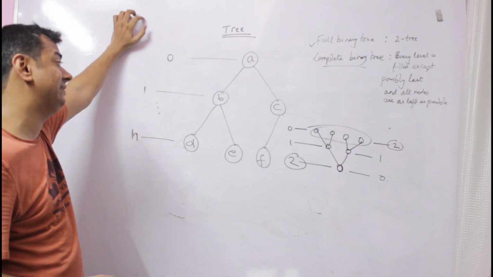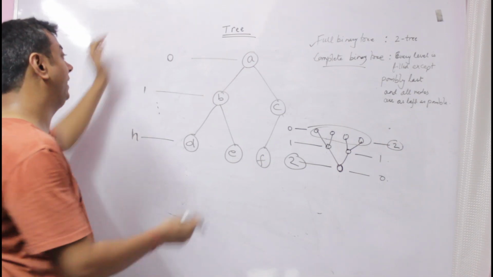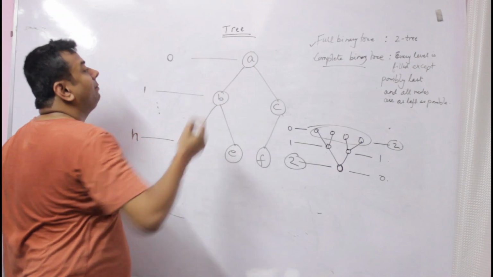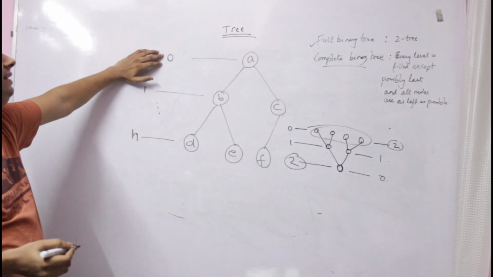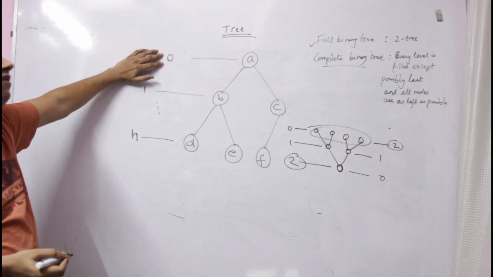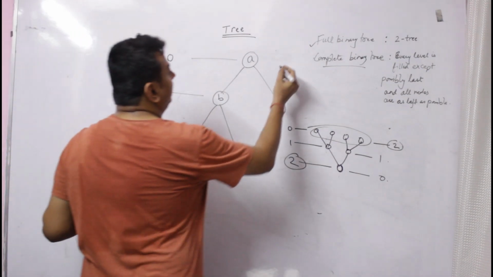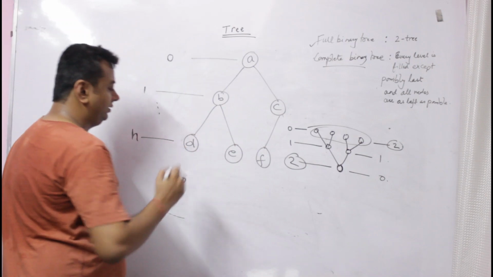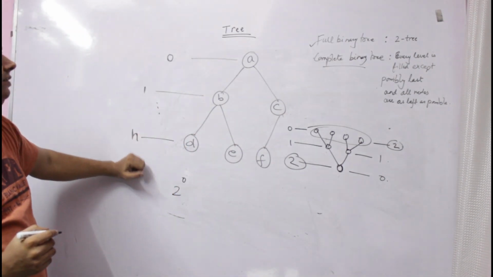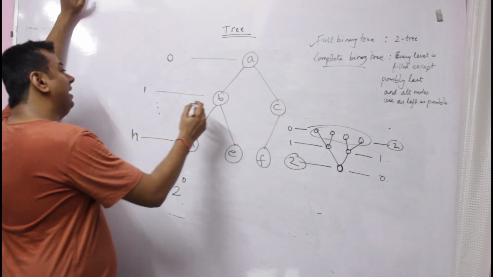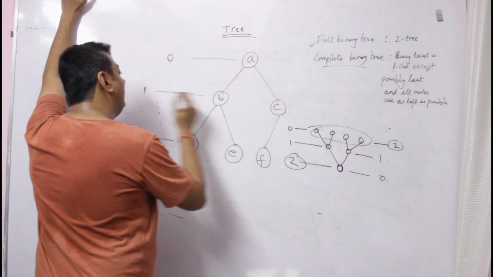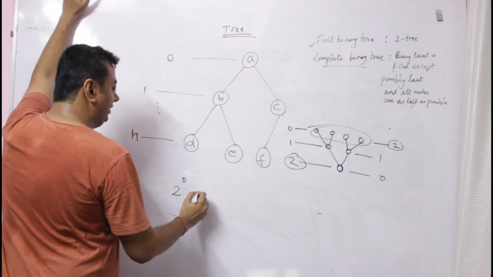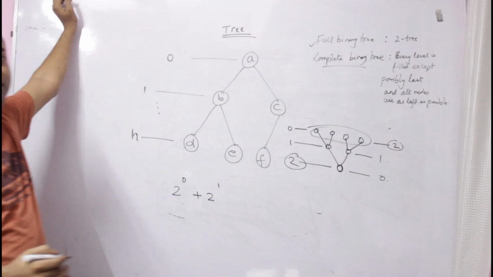Now in this case, if you see, what is the total number of elements at height 0? It is 2 raised to power 0. What is the number of elements at level 1? It is 2 raised to power 1.